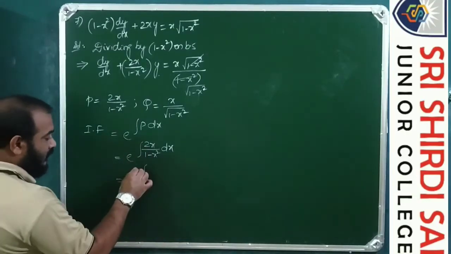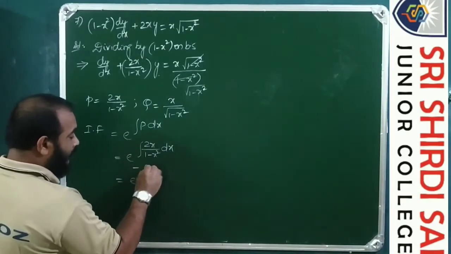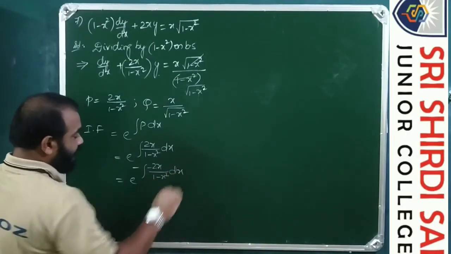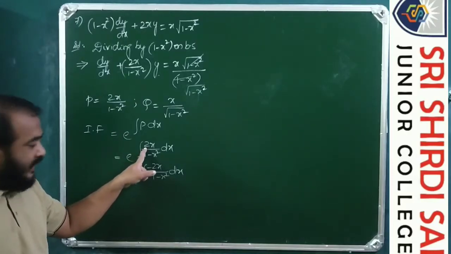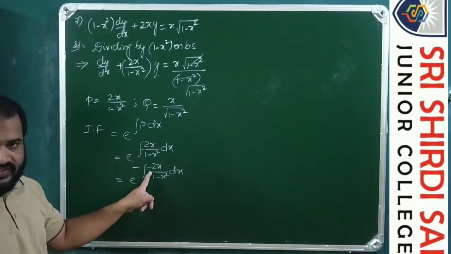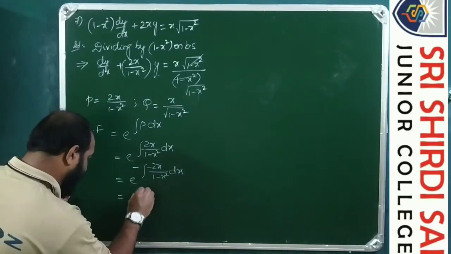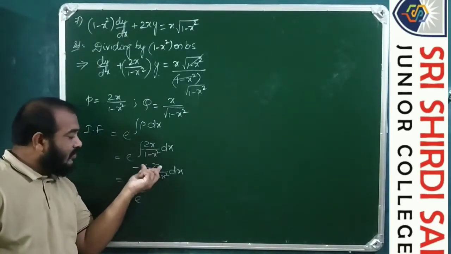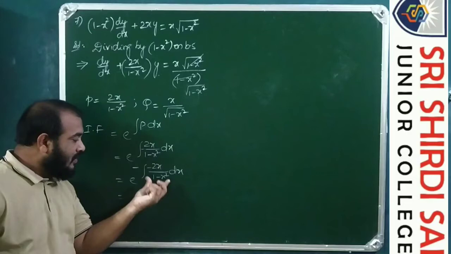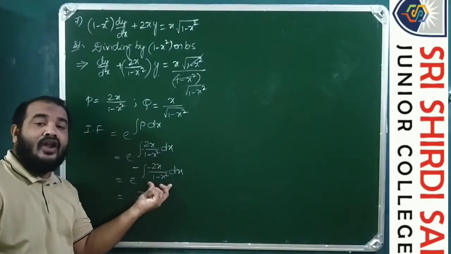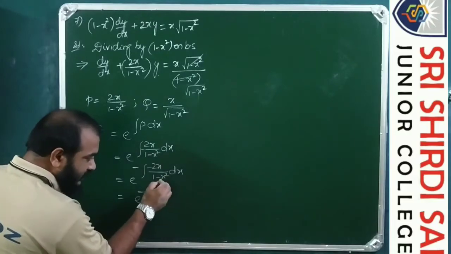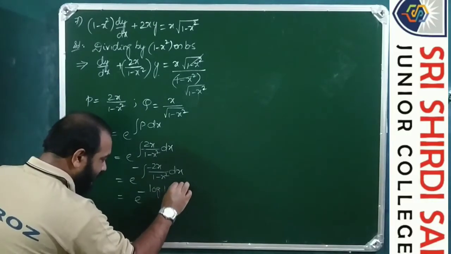Let us write 2x as minus of minus, without loss of generality. So e power minus integral of f dash x by f of x, which is log f of x. So log f of x is this 1 minus x square.